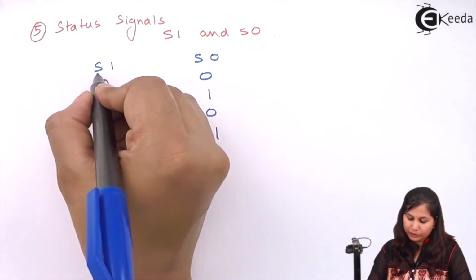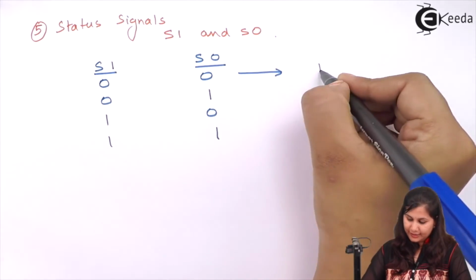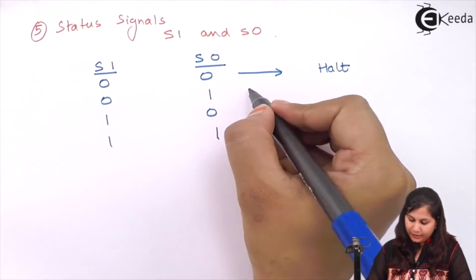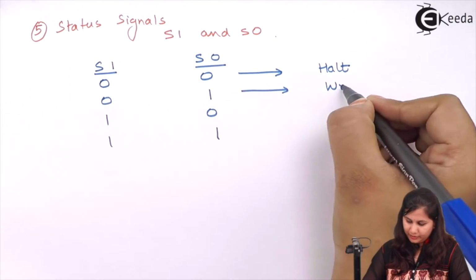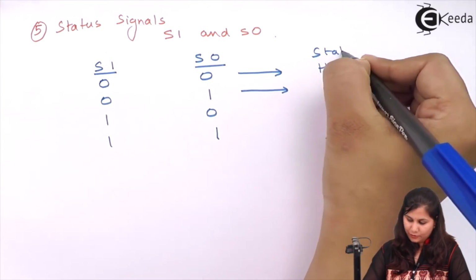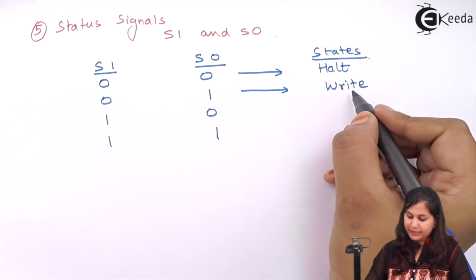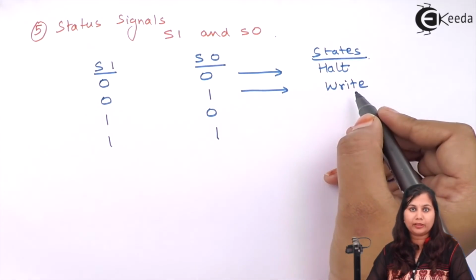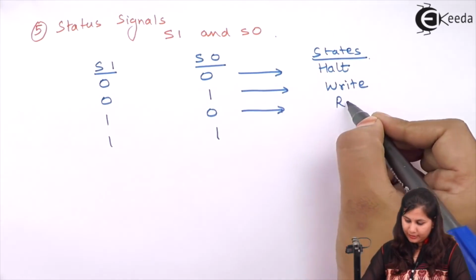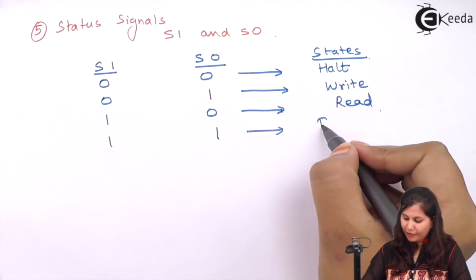If the value of both the signals S1 and S0 is 0, then this is the halt state. 0, 1 means the write operation is being performed currently by the microprocessor. These are the states of the microprocessor. 1, 0 means it is a read operation, and 1, 1 means fetch operation.